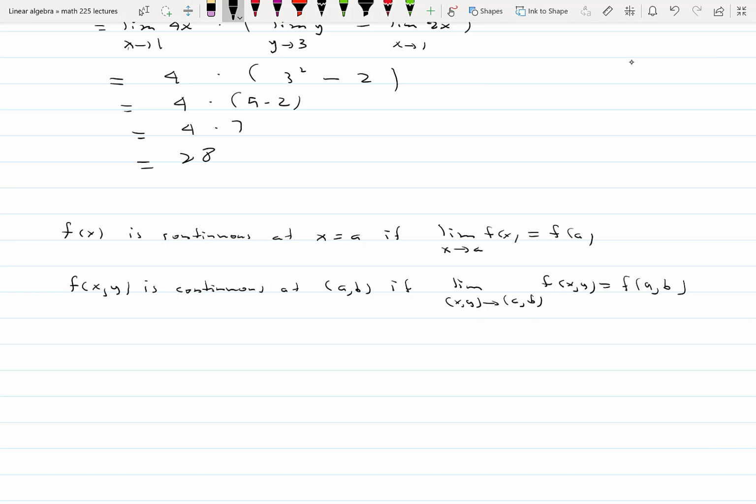Okay, now this idea holds together a lot of multivariable calculus, but for us, we generally assume that we're working with continuous functions, so we don't have to spend too much time looking at that definition. Okay, and that ends this section.